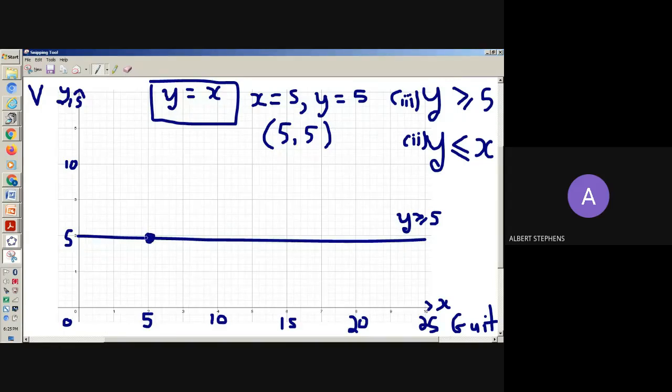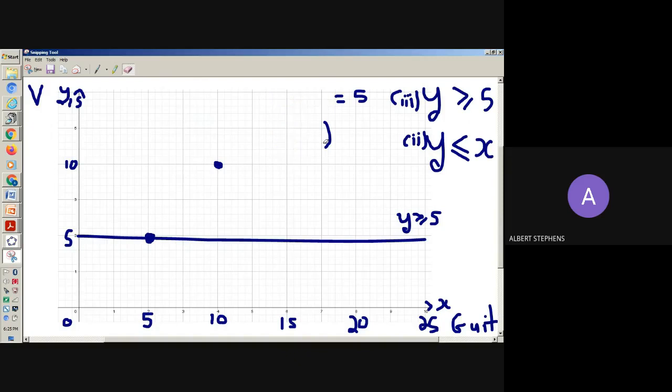So make a point like that. That's (5, 5). And let's say you want to use (30, 30). My graph is a little bit small, so I'm going to use (10, 10). But on your graph paper, that might be a bit close, so you might want to use (30, 30).